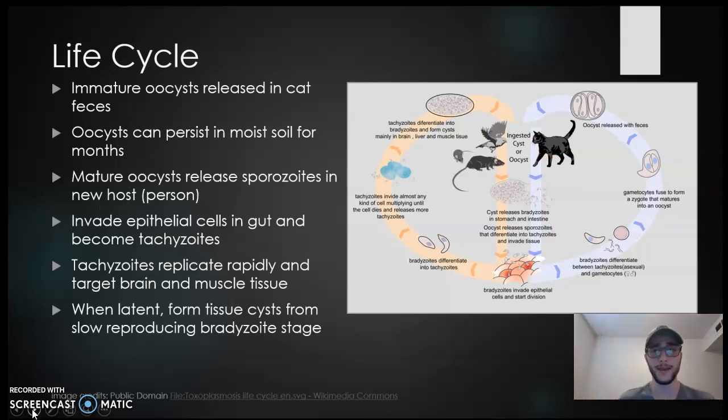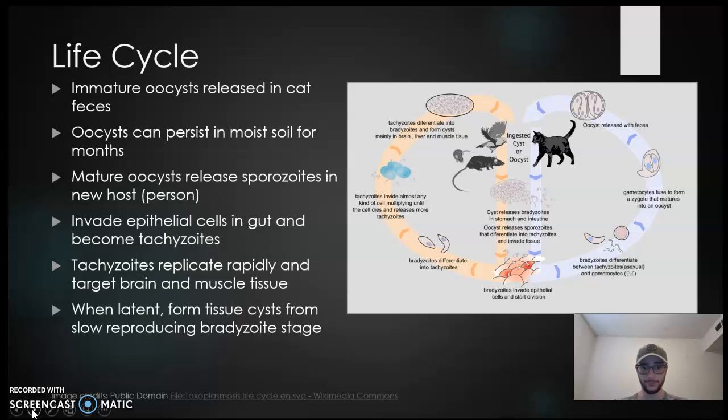So with the life cycle, it's best to start with oocysts. Oocysts are released by cat feces. They're shed by the epithelial lining of the cat gut. And if the cat picks the oocyst back up, it releases a bunch of sporozoites, which are what the oocysts are filled with. The sporozoites are the first main physical stage.